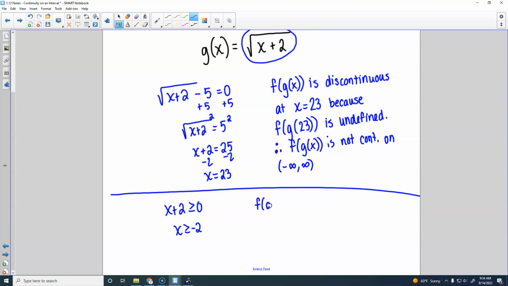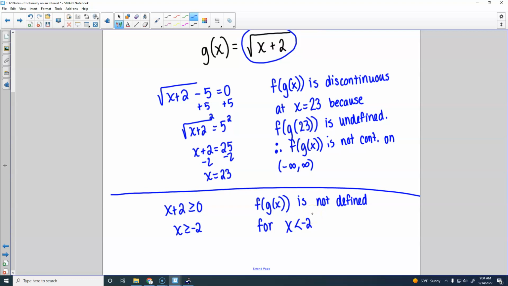f of g of x is not defined for x less than negative 2.